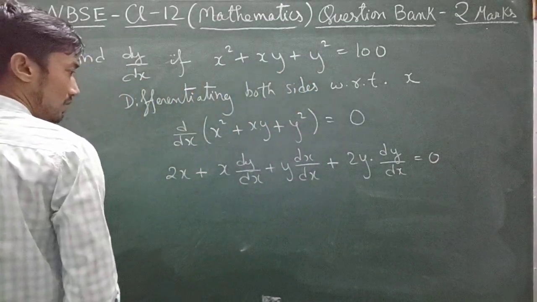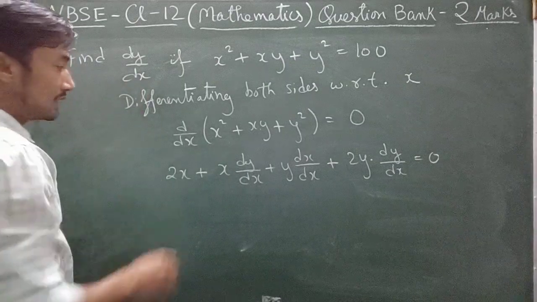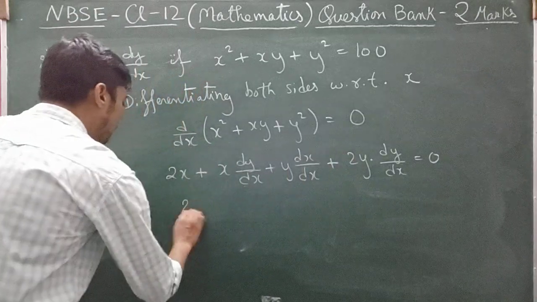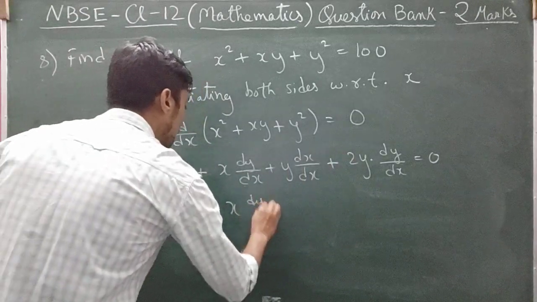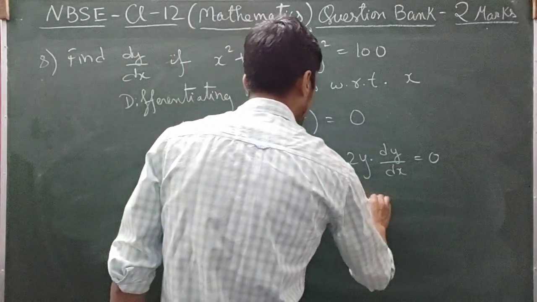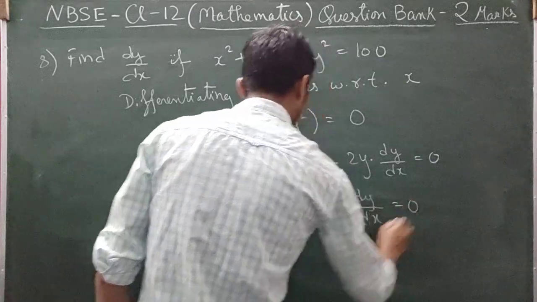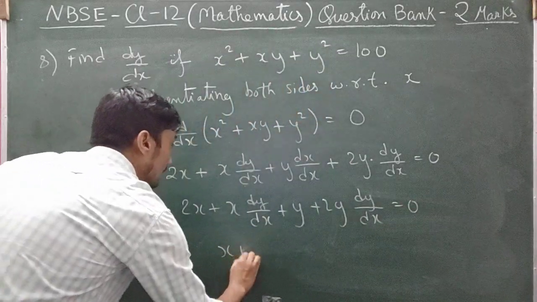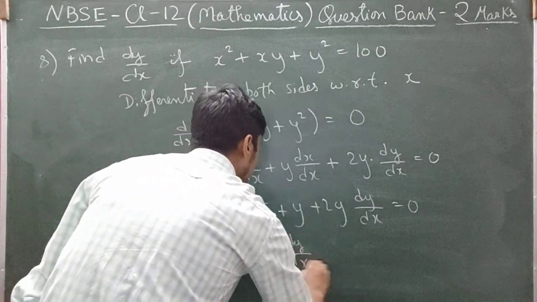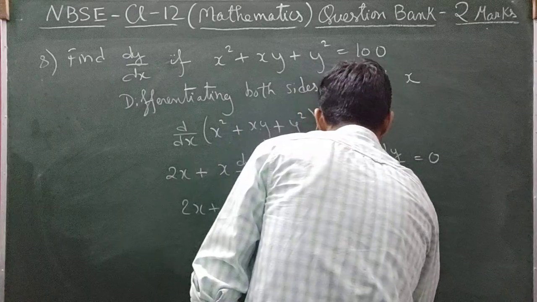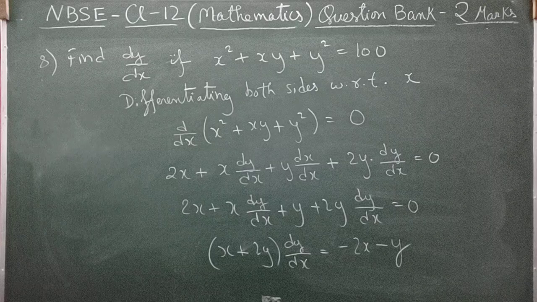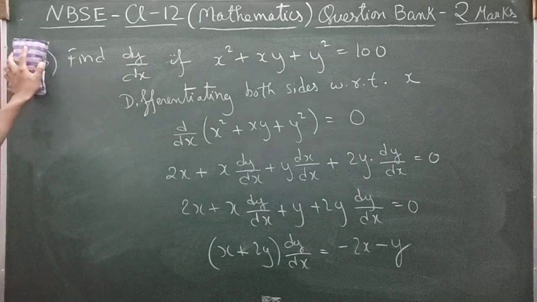So now let's group them together because we need to find dy by dx. No, this isn't done. Okay, let's write once again. 2x plus x into dy by dx plus y plus twice of y into dy by dx is equal to 0. So dy by dx, I'll compare this, dy by dx is equal to minus 2x minus y.